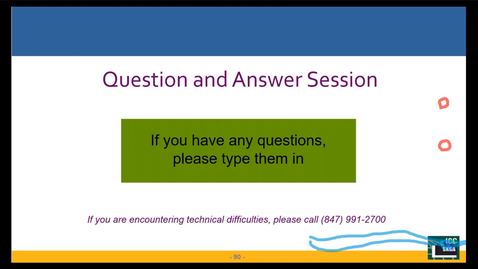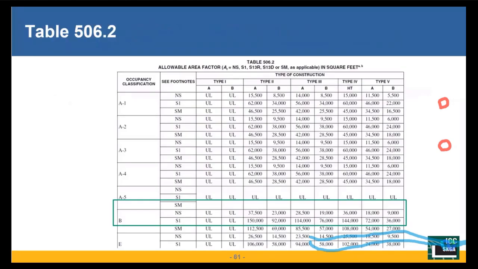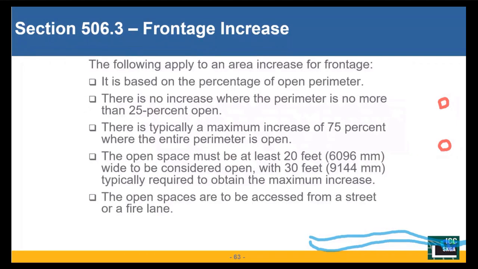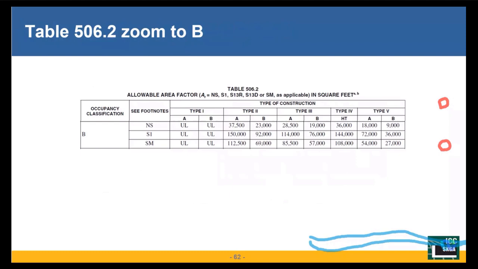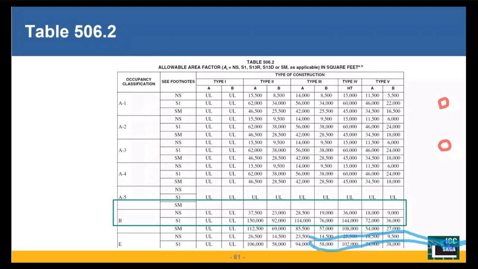Let's see, I have another question that just popped in. Can you please go over maximum allowable area for R2 with area increases and without area increases in table 506.2? Let me go back and see if I can pull it up. Okay, so I don't have that shown in the table, unfortunately.